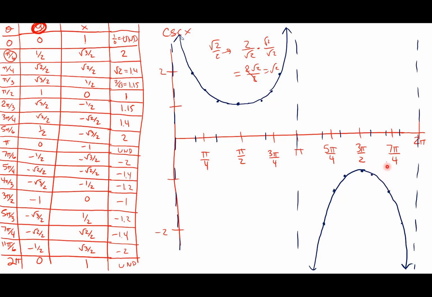A tick mark that's close. This is right here, so that's going to give us that value. And 7 pi over 4 is a -1.4. And that one's going to give us a -2, and we go. There it is.